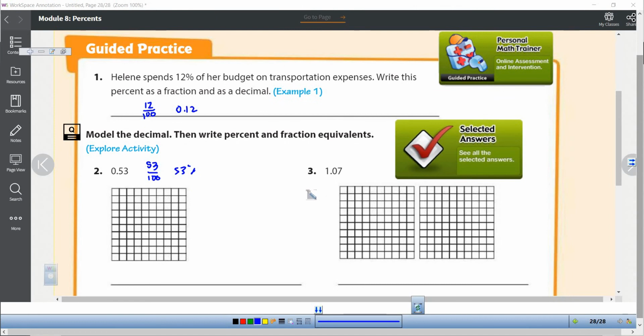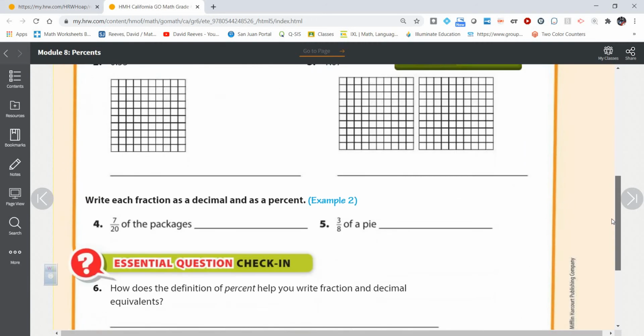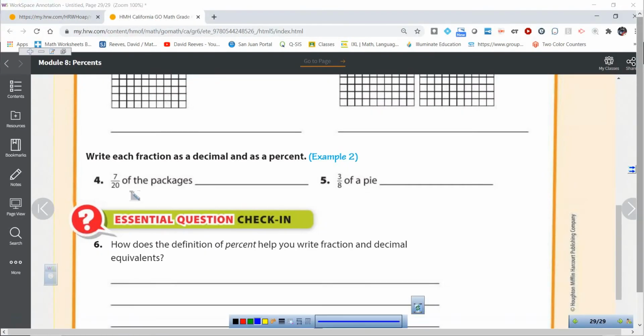Well, that would be the same as 107 over 100, or 107%, right? Anytime it's bigger than 1, you're going to have more than 100%. And again, if I was coloring this in, I would color the whole thing here, and then I would color 7 there.